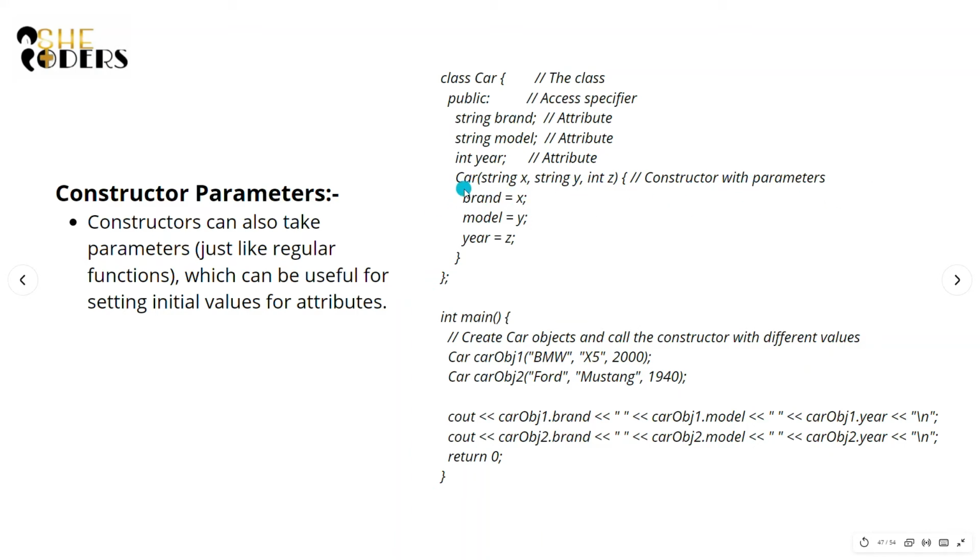Here I am declaring a constructor with three parameters, taking two strings and one integer value, and it is assigning the values to the data members, that is the string brand, model and year, respectively. Constructors are just like regular functions here, and the use of a constructor with parameters is that it can be useful in setting initial values for attributes.